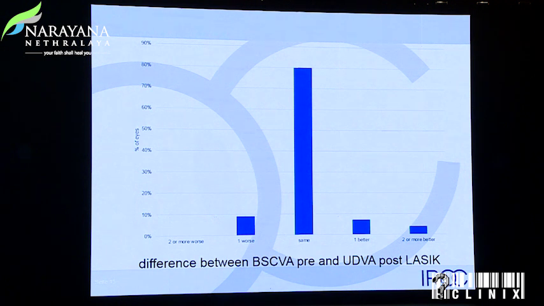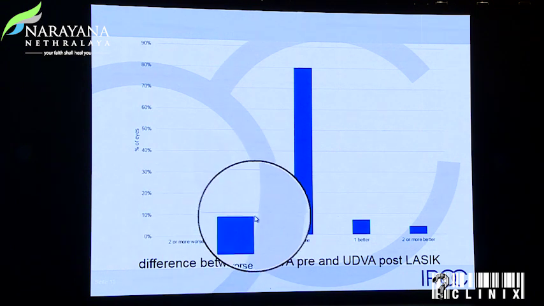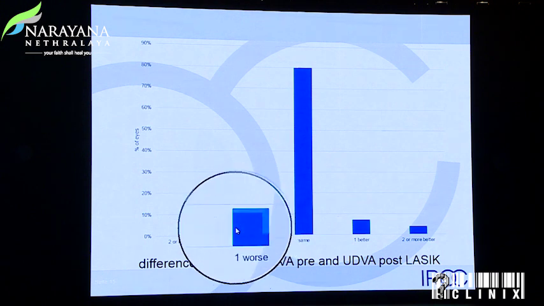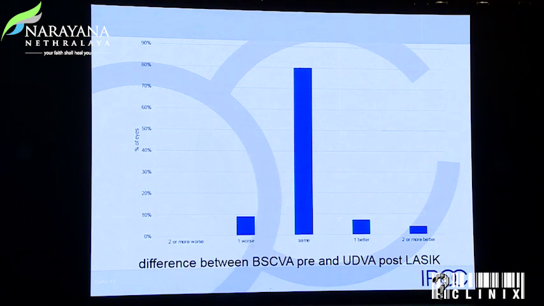We did not lose any letters in the ETDRS chart, so one line worse was about, I think, 2 patients. And now we come to the negative side effects: those patients were ladies who had a dry eye before we did the LASIK, which we thought we should exclude. And we did in many cases.